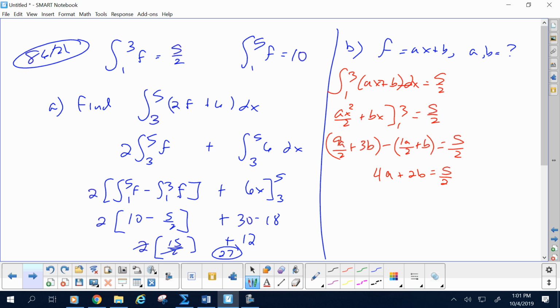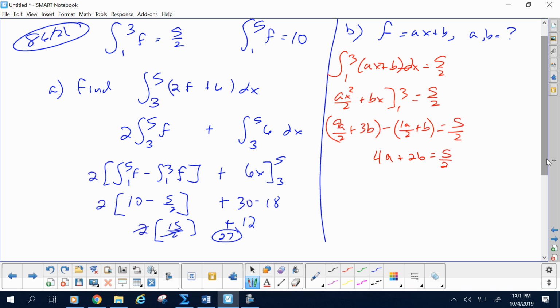At that point, there's not much more to do, so I need another fact. By the same kind of thought process, you could integrate from 1 to 5 of ax plus b and call that 10. That would get you another a-b equation. And then you could use what to solve the system of a and b? Give me 5 ways to solve a system.